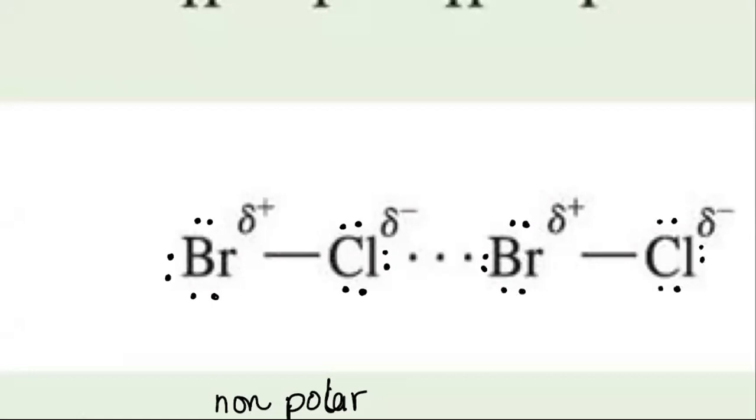And let's understand that, as you can see here, bromine is going to be more electropositive compared to chlorine. So remember the trends in electronegativity.